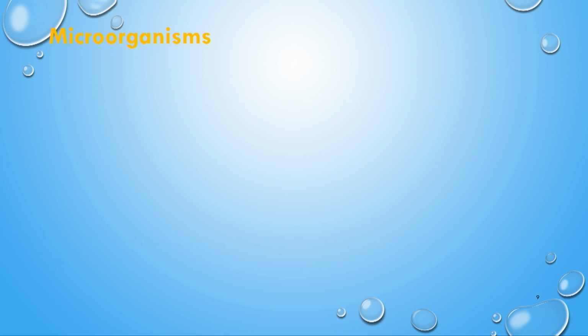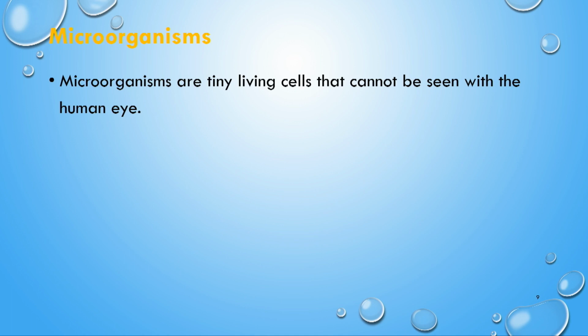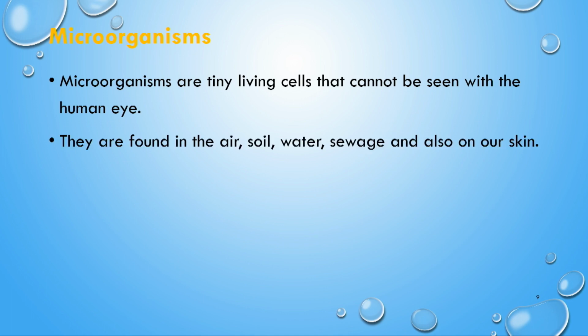What about microorganisms? When these microorganisms settle on food, they release waste products, which damage the edible quality of the food. Some of the waste products are toxic. So microorganisms are tiny living cells that cannot be seen with the human eye.